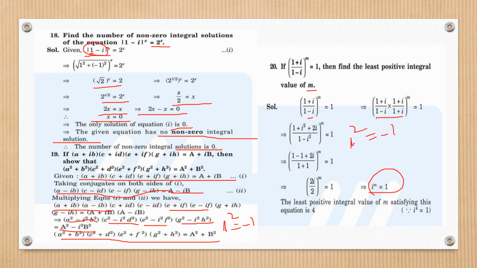So what is the least power of i required to make it +1? i² should be squared, because only then (−1)² will give me 1. So the minimum power required here is 4. So the least positive integral value of m satisfying this equation is 4.